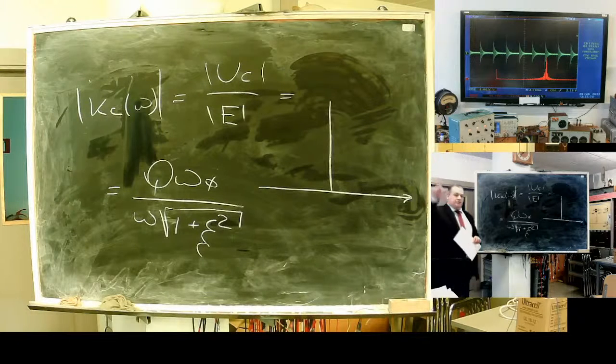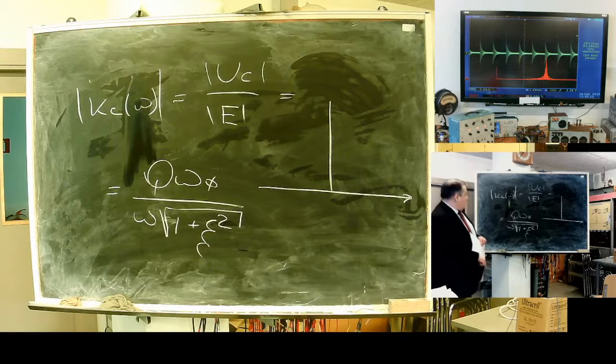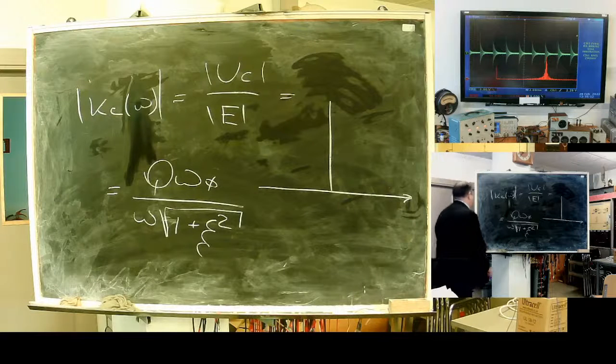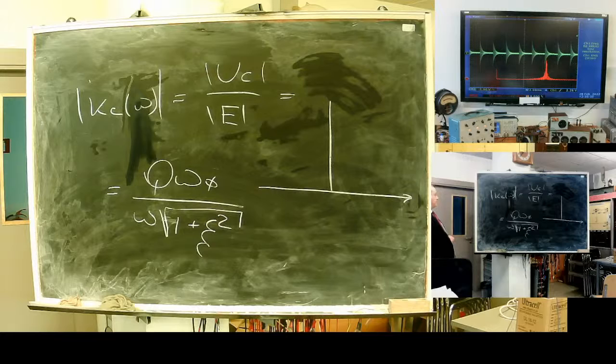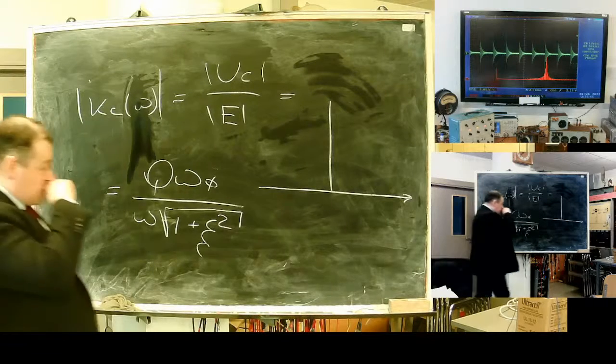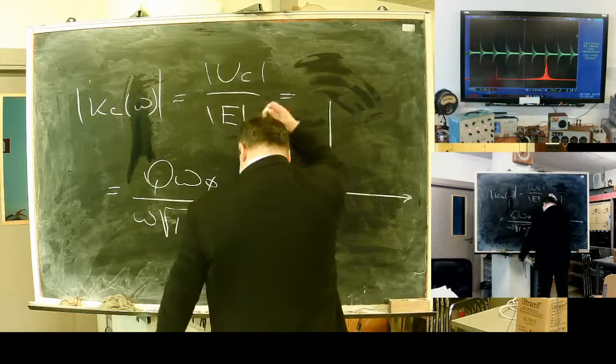The idea is that we have E as an input source, and the output we take from the capacitor's voltage. The result can be denoted as a transfer coefficient Chi.